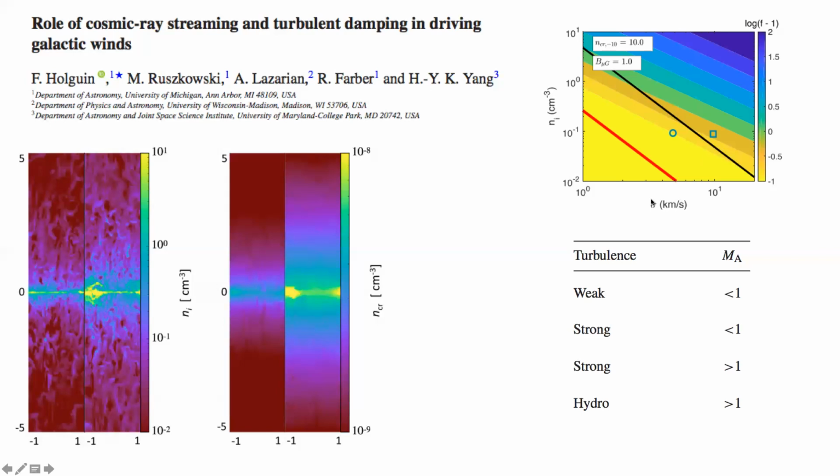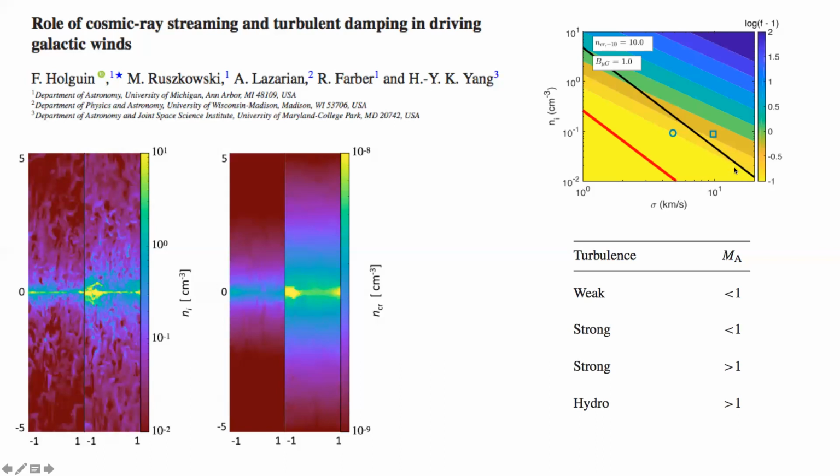And so we can look at, for example, fixed density and increasing velocity dispersion. We see that the cosmic ray transport goes from being predominantly Alfvénic transport to becoming super Alfvénic transport. And the same thing happens if we fix velocity dispersion and increase the density. And that makes sense because if we increase the density and keep the velocity dispersion fixed, turbulence is more effective at dissipating these Alfvén waves.